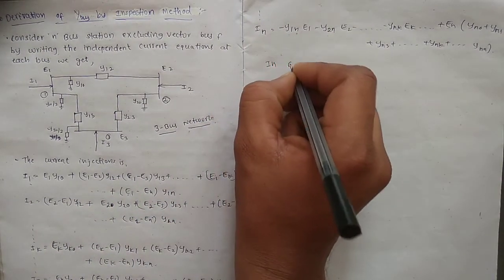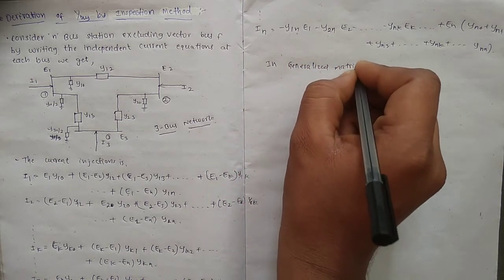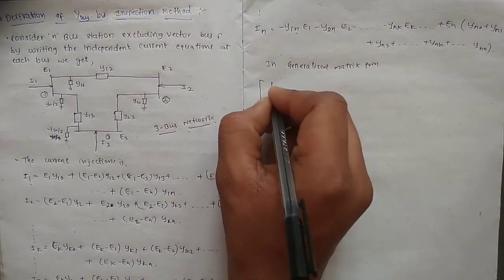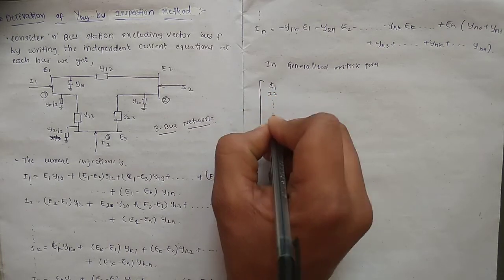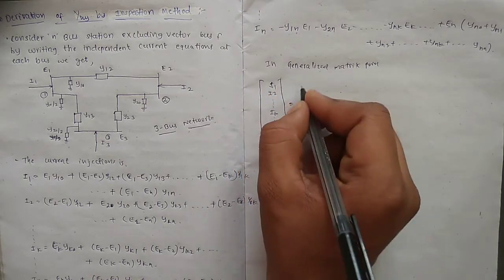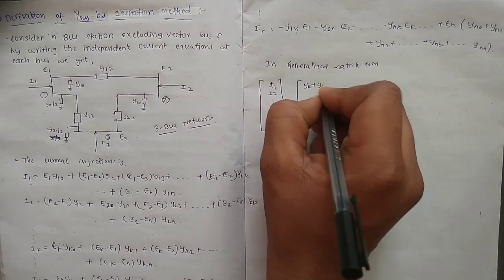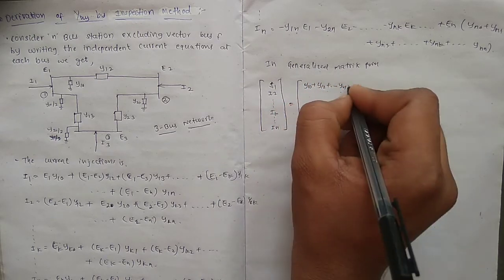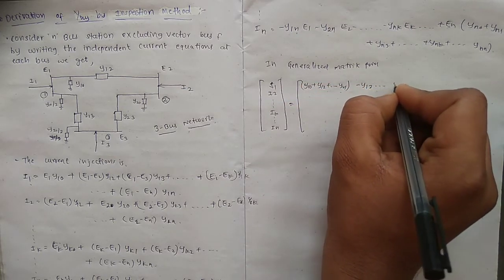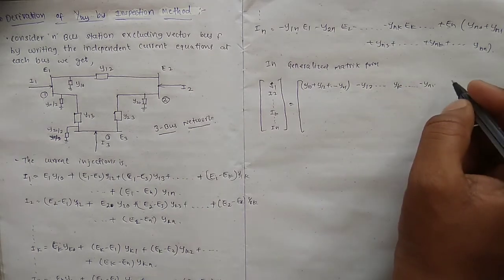In generalized matrix form, I1, I2, and so on, Ik, and so on, In is equal to a matrix whose first row is Y10 plus Y12 and so on, then minus Y12, and so on, minus Y1k, and so on.